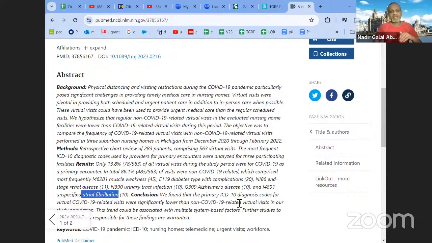So we can write a letter to the editor, either adding, supporting these findings, or contrasting or sharing different findings from our experience. So this can be another way of publishing or adding to the literature.